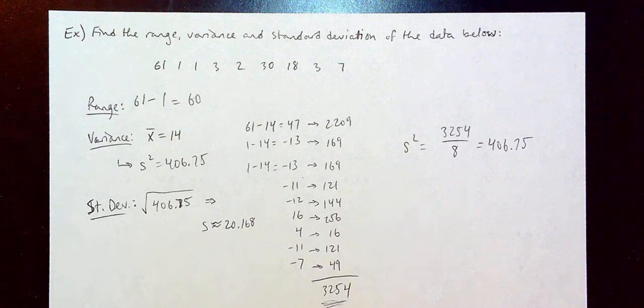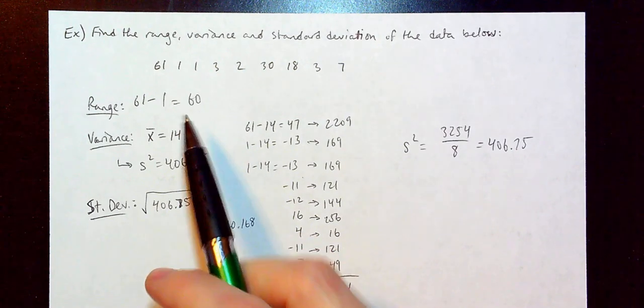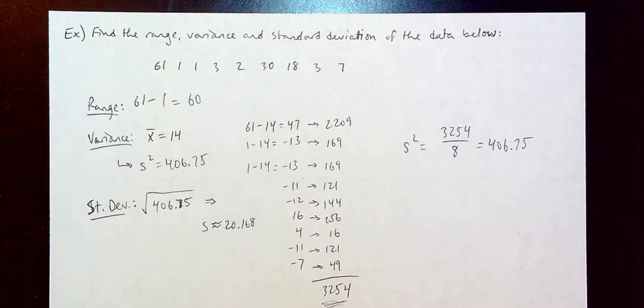But just looking at the data ranging from 1 to 61, 20 is a fairly significant and fairly large standard deviation for a set of data like this. We're going to see how this can change in the next sample problem.